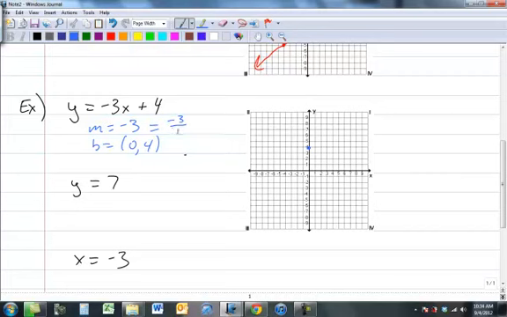We can make an integer a rational number if we need to, and then this describes rise over run. So our rise is -3. Go down 3, and then positive 1, so go right 1. Make sure you've got a negative slope. What happens if I go up 3? Then I have to go left 1. Up 3, left 1.